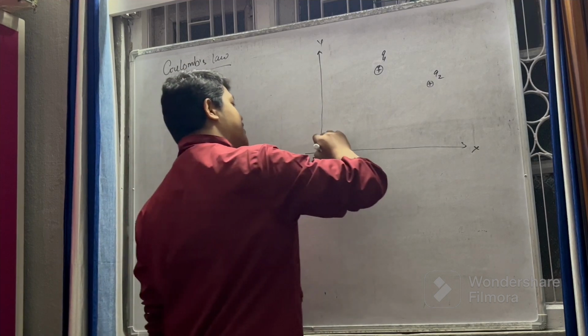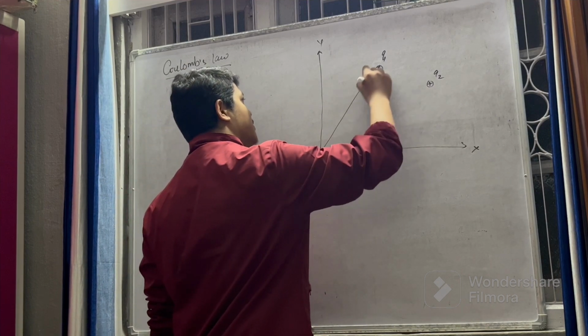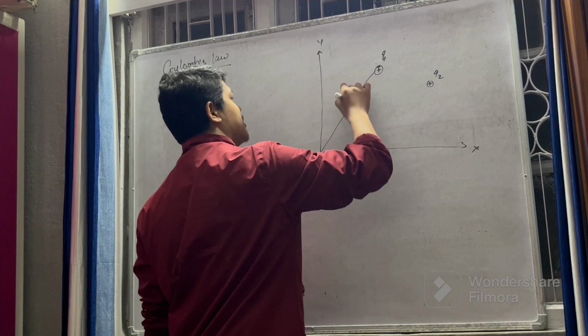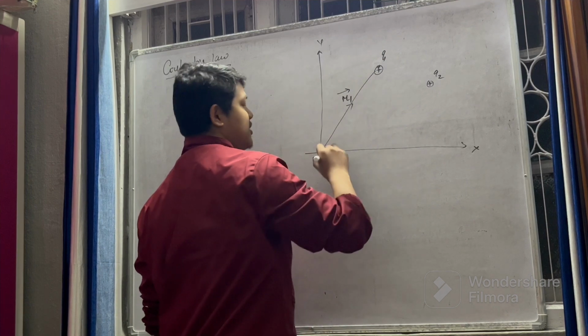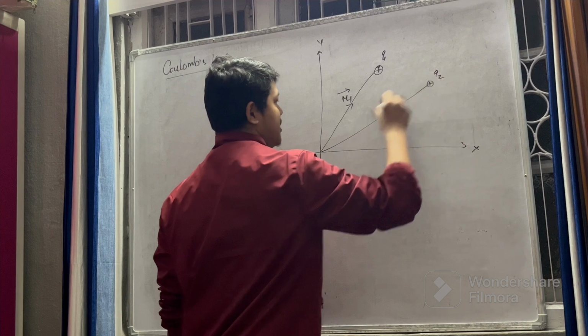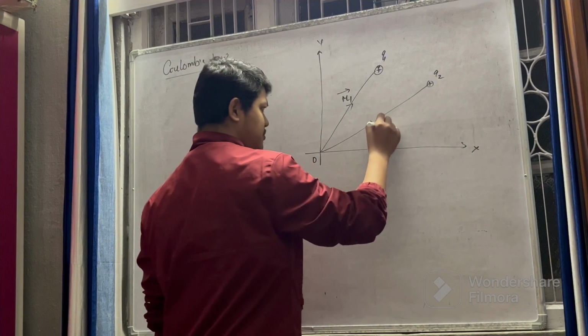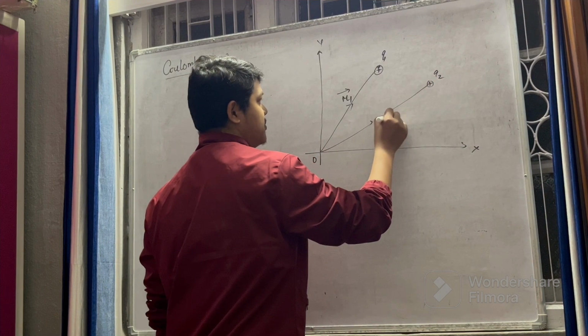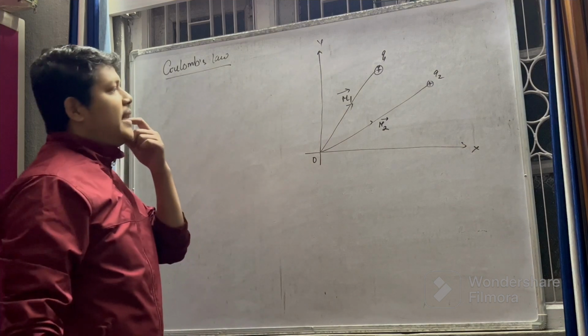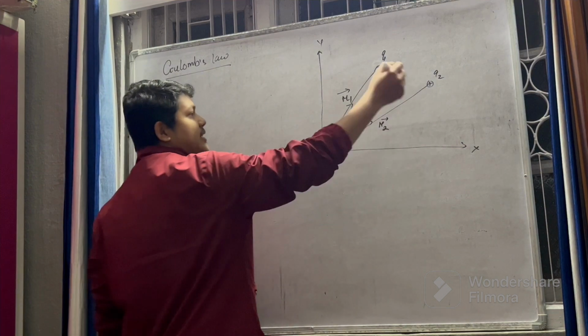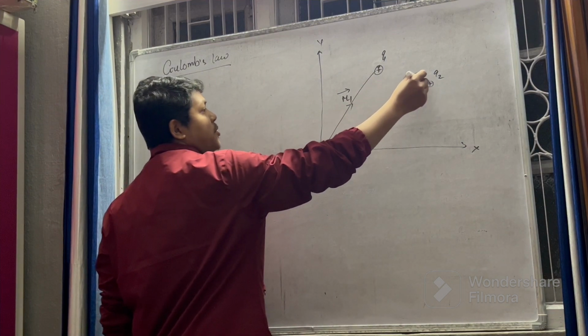And with respect to this origin, the position vector of Q1 is suppose R1, and the position vector of Q2 is suppose R2, right?